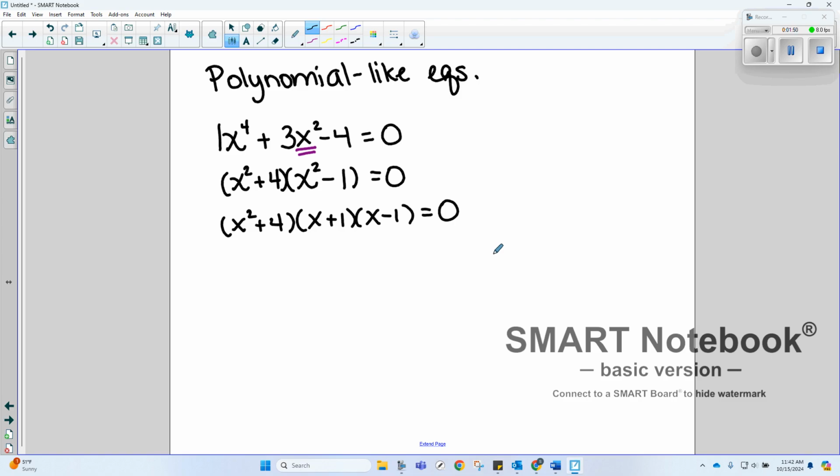Once I have a product of a bunch of things equal to 0, I can set each of those factors equal to 0, and I can solve for x. I'm going to go right to left here.